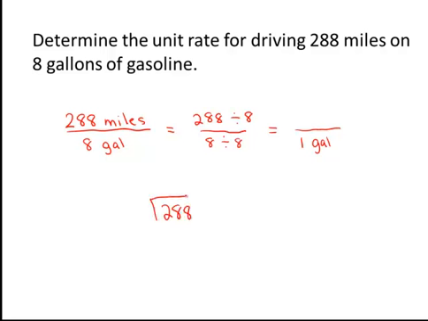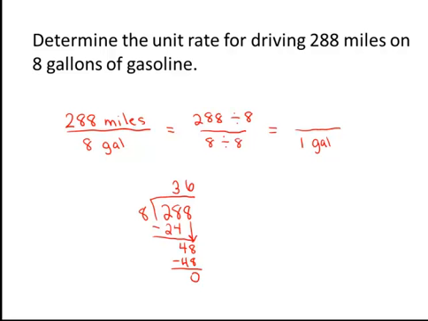288 divided by 8. 8 goes into 28 3 times, which is 24, with 4 left over. Bring down the 8, and 8 goes into 48 6 times, with a remainder of 0.